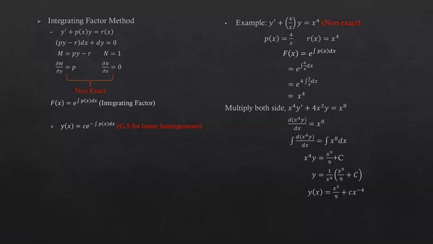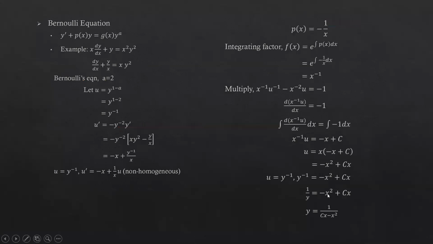Here is an example. We find the integrating factor, which is x to the power of 4, and multiply it into the equation. We notice that d(x to the power of 4 y)/dx can be obtained by applying the product rule. So we integrate and solve, and we get the final answer.